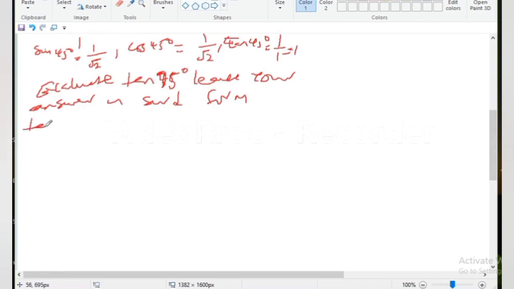You can express tan 75 degrees as tan of 45 degrees plus 30 degrees.